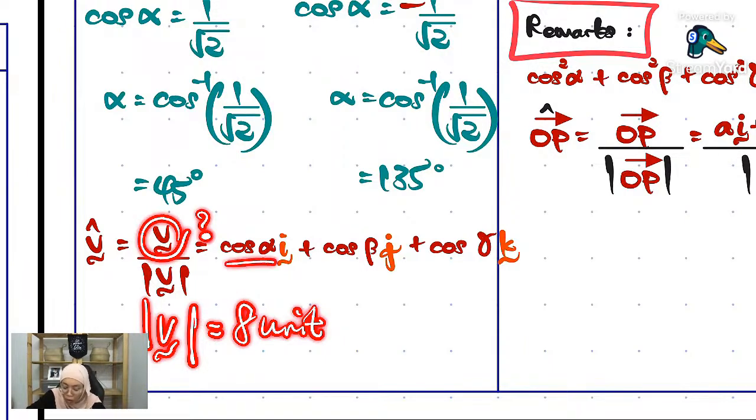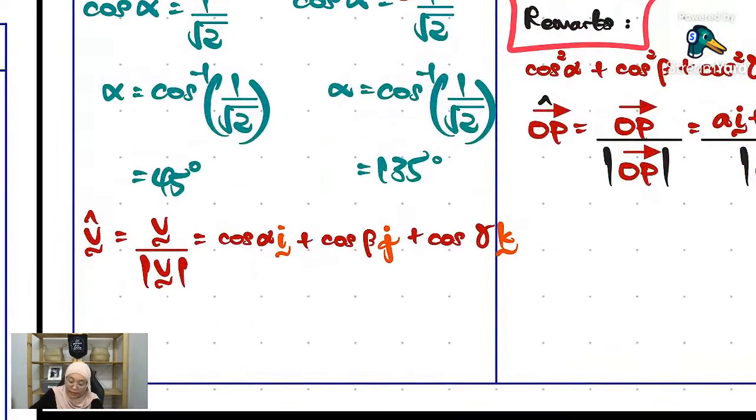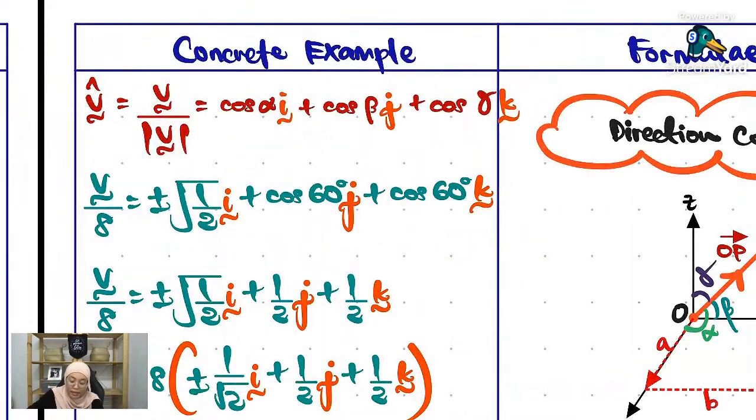But we also know cos alpha, cos beta, and cos gamma. We got these things, and basically we make them equal, and the next step is to insert this cos alpha, cos beta, cos gamma, and then find the V vector.